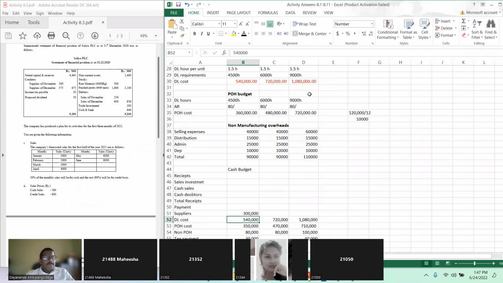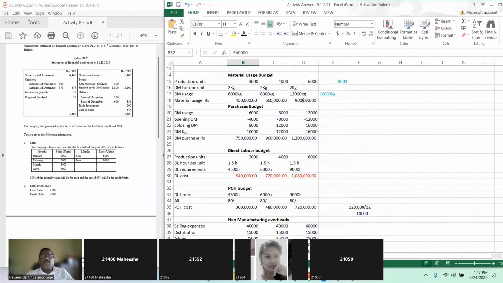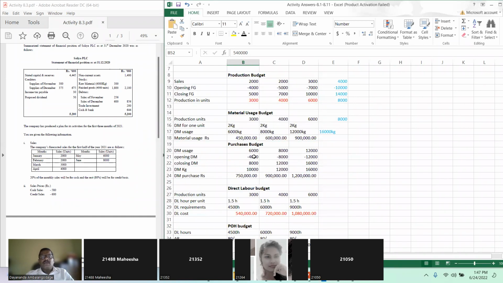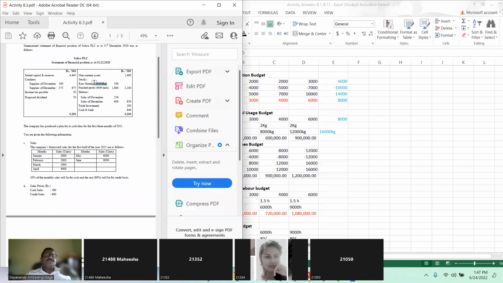When you talk about January opening, January opening means December closing. December has already taken place. We take that figure from the balance sheet, which is 4,000.